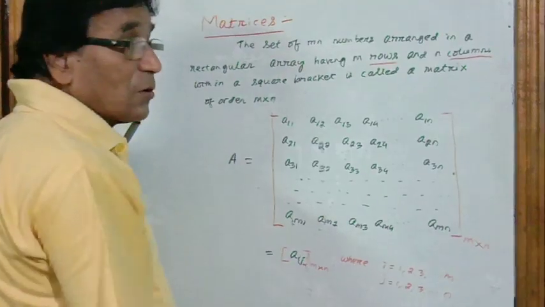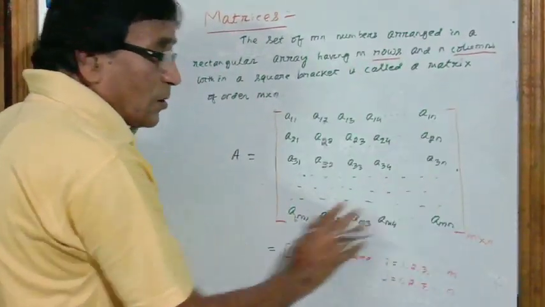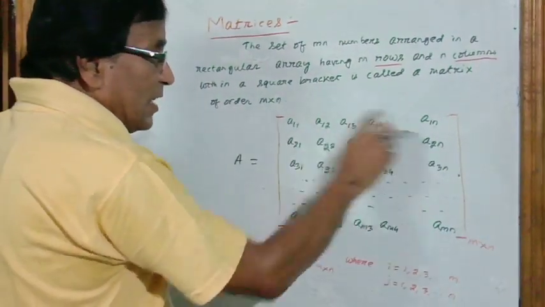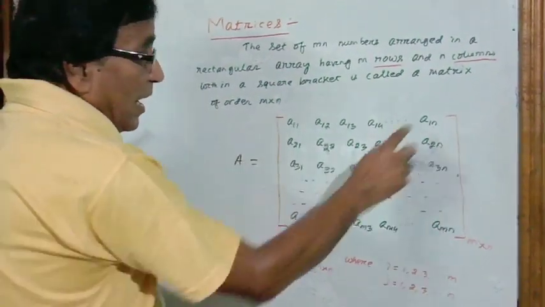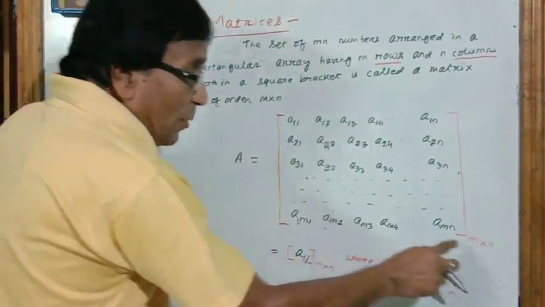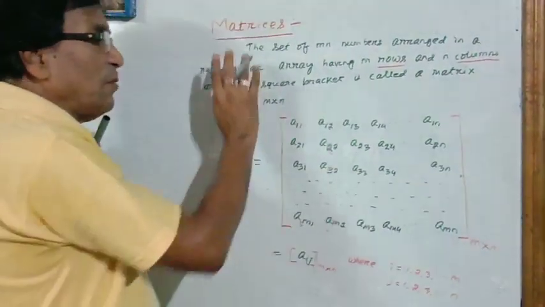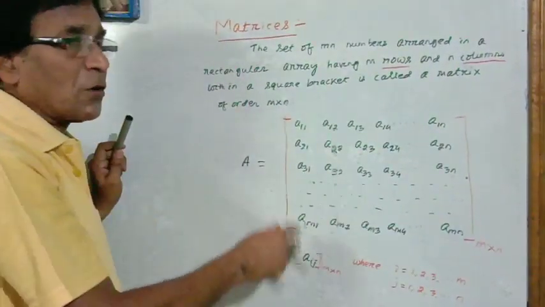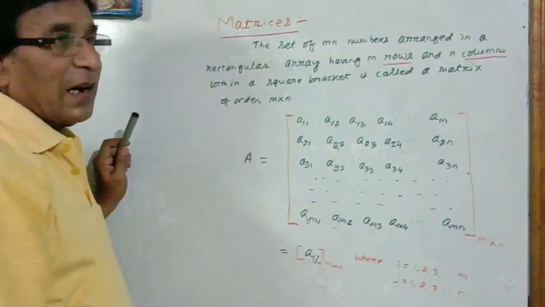N columns are there. So the total mn numbers are arranged within a square bracket, so it is called a matrix of order m cross n. So what is a matrix? A matrix is nothing but an arrangement of numbers within a square bracket.